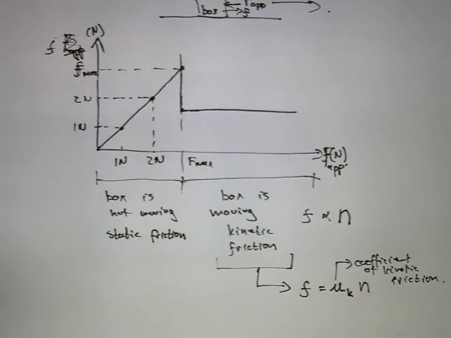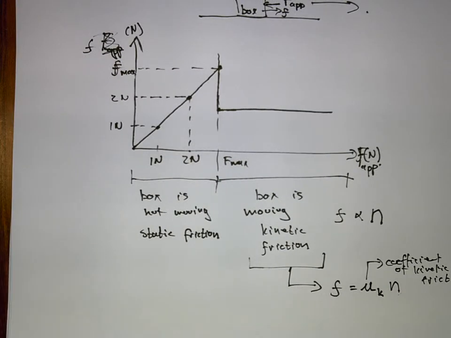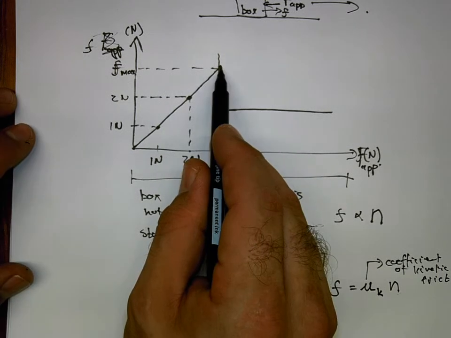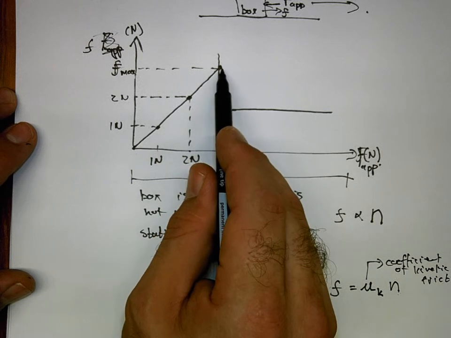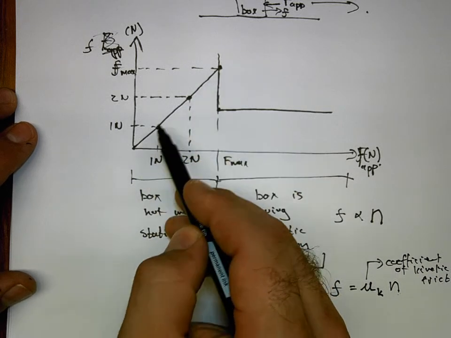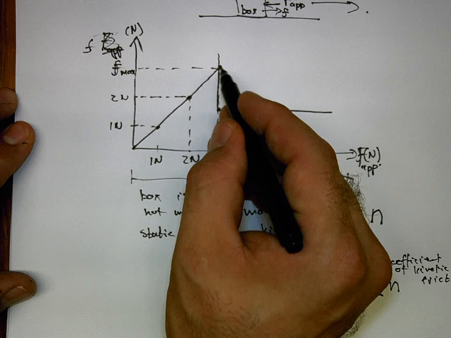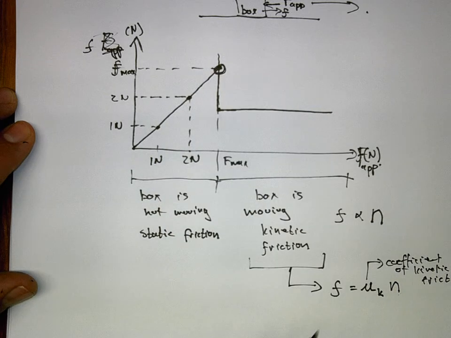For static friction, it's slightly more difficult. The only thing we can do is we know right at this threshold, whatever the force of static friction was, it's overcome right over there.